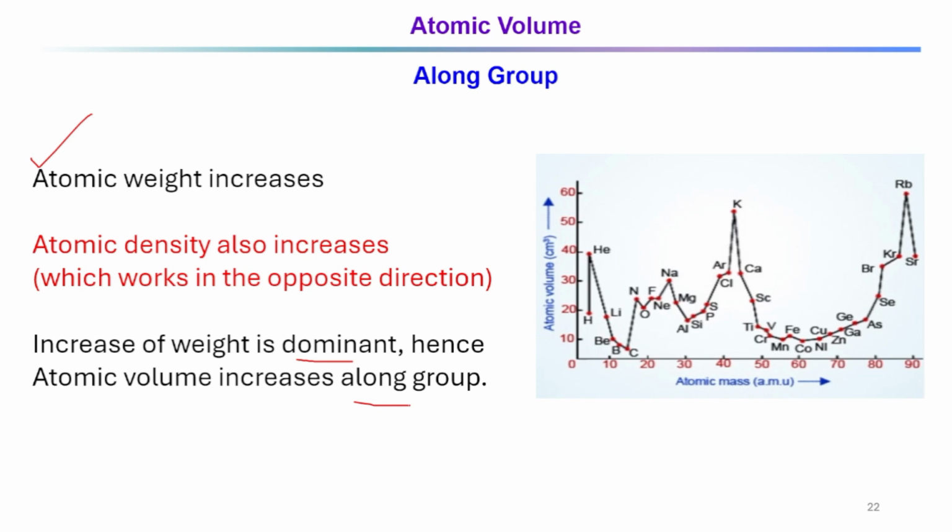You can see from here also, this lithium, then in the group we will have sodium, potassium and rubidium. These are in a group, and we can see the atomic volume is actually increasing.